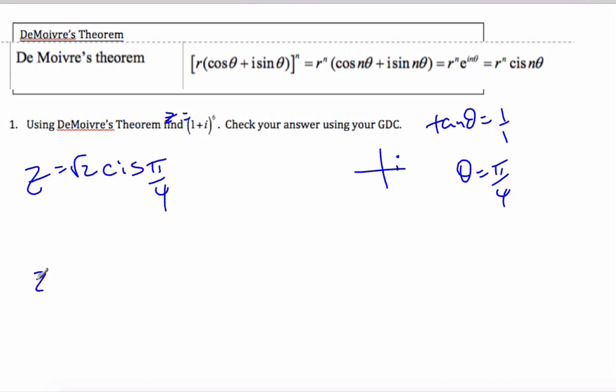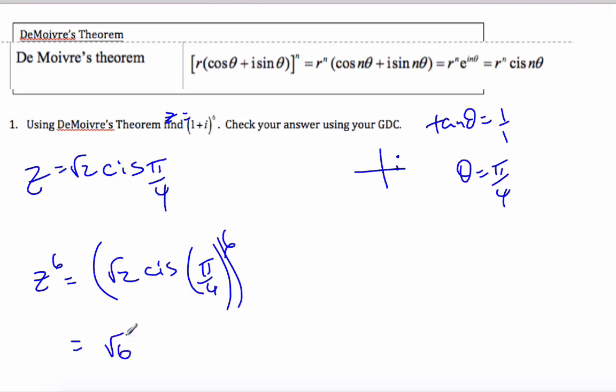Now, if I want to take z and raise it to the power 6, then I'm going to take root 2 cis pi by 4 to the power of 6. Using DeMoivre's theorem, I raise r to the power n, so root 2 to the power 6, cis, and I multiply my angle times n, so it's 6 pi over 4.